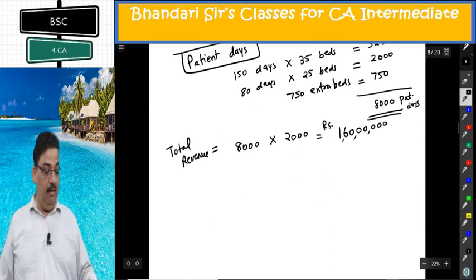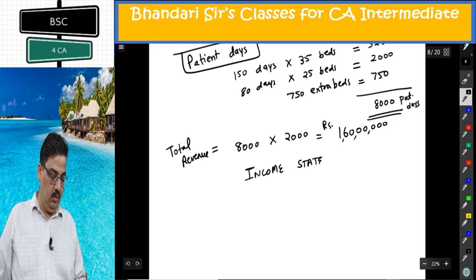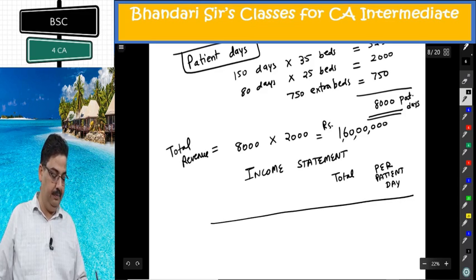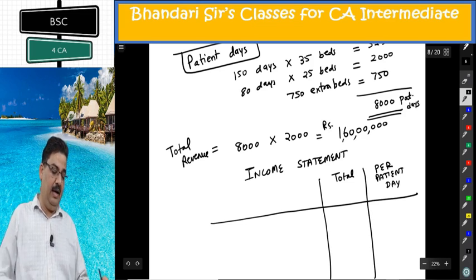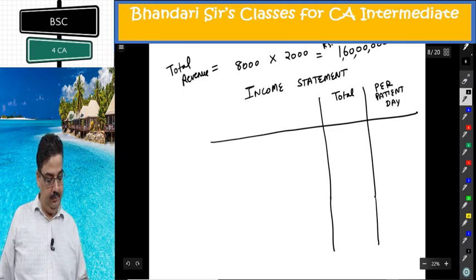Now, I will make a proper income statement. This is the total column. I'll also make a per patient day column. It's not mandatory to make a per patient day column, but that will make things easier.